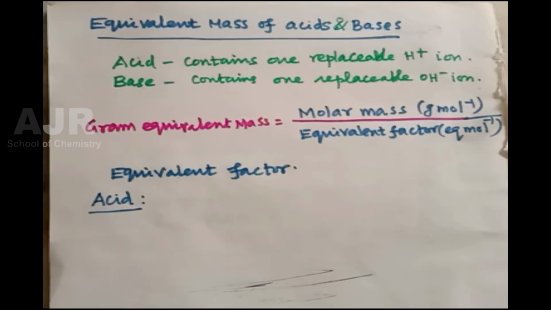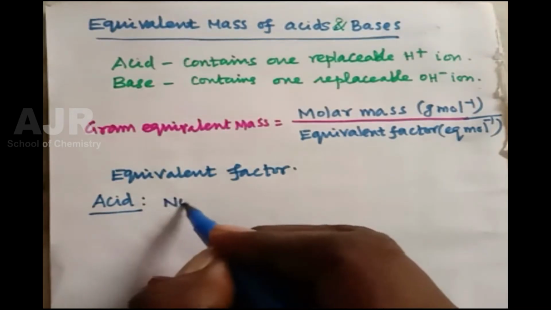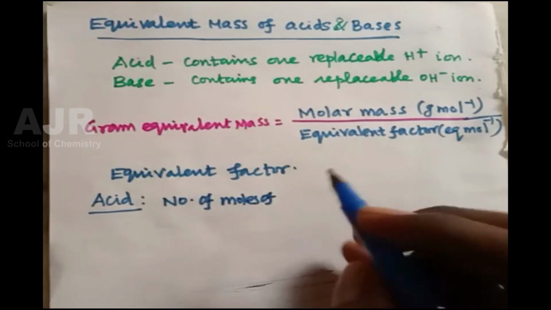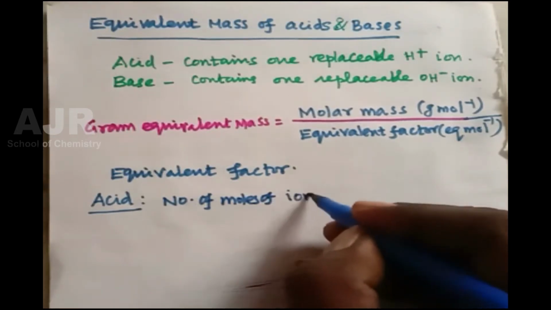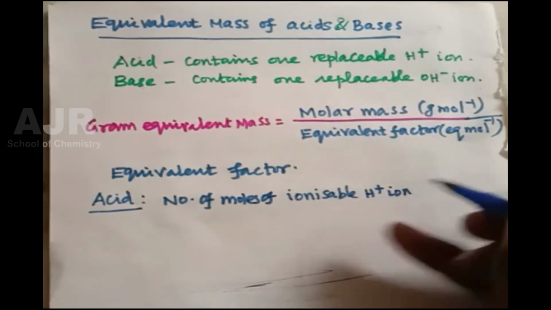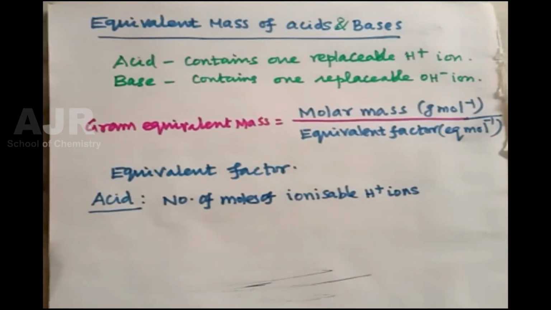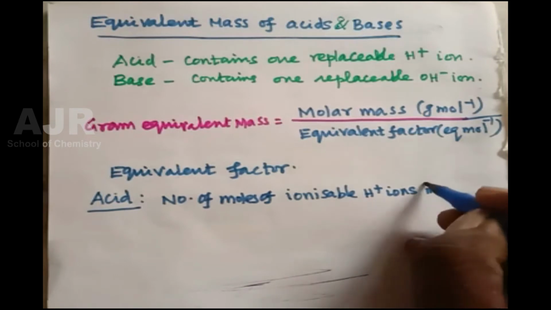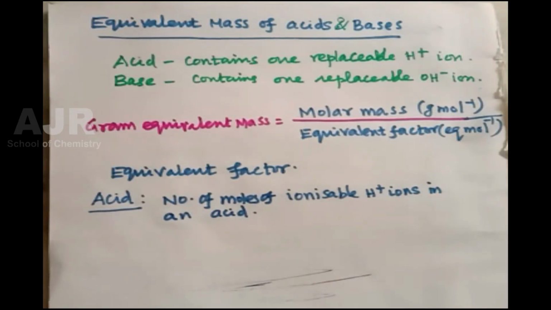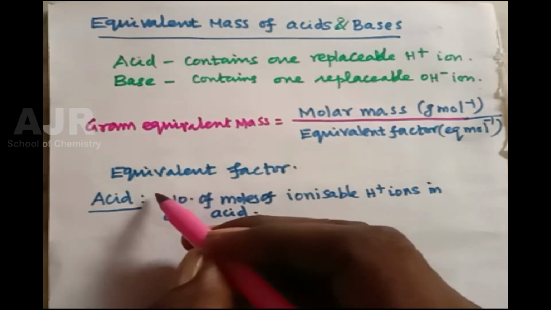The number of moles of ionizable H plus ions in an acid is called the equivalent factor for acid.